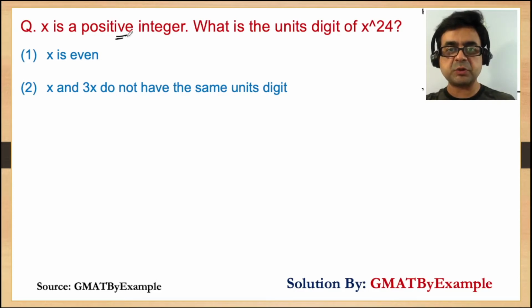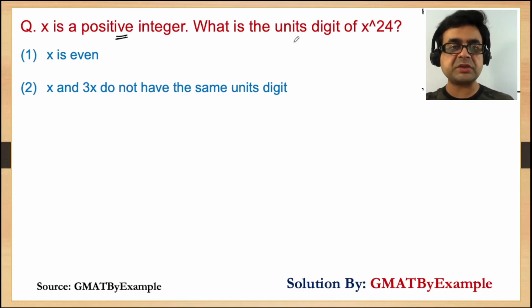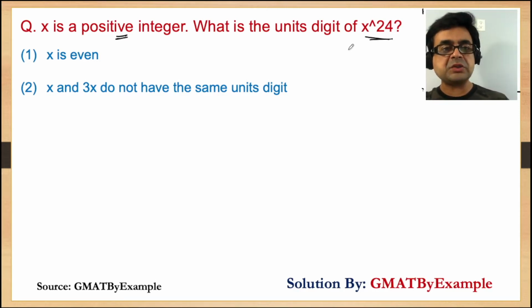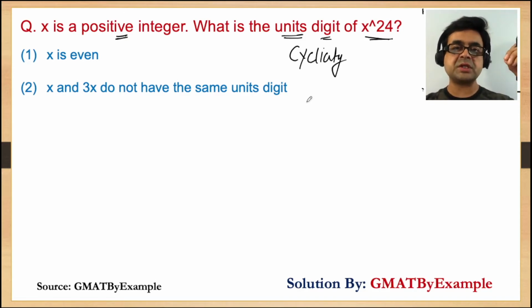So we know x is positive, which means it cannot be 0. And it cannot be a negative integer. And we are asked what is the units digit of x to the power of 24. Now, as soon as you see these two words, units digit and a power, you have to start thinking about the concept of cyclicity, because every units digit out there, which goes from 0 to 9, has a cyclicity in which the units digit appears in different powers of that number.